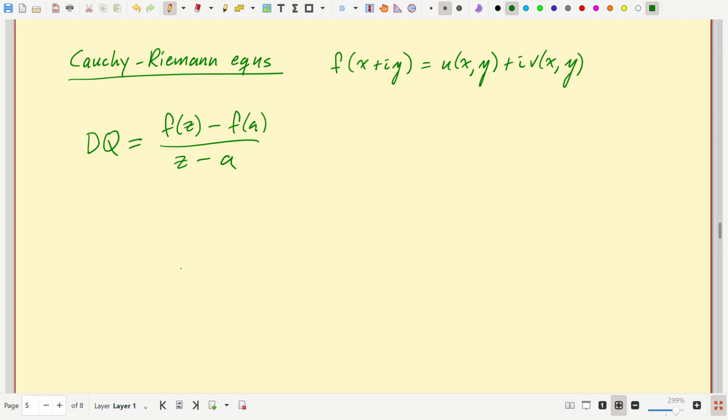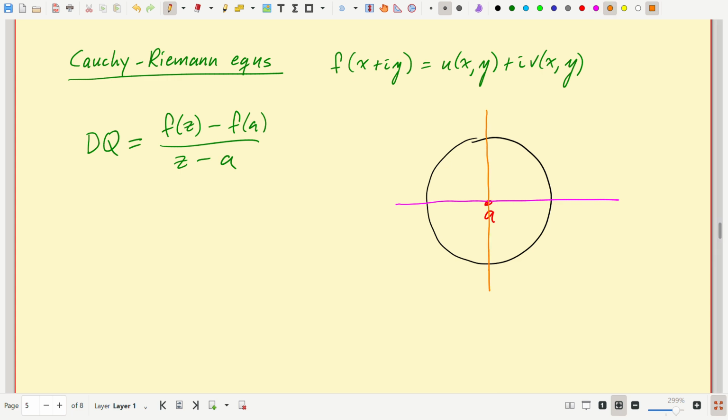And of course, if it is complex differentiable, then I'll have a right here, and I'll be inside some disk. It turns out that I only need to check these limits if I'm coming in from a horizontal direction and a vertical direction.